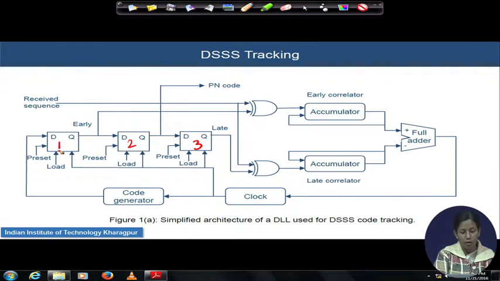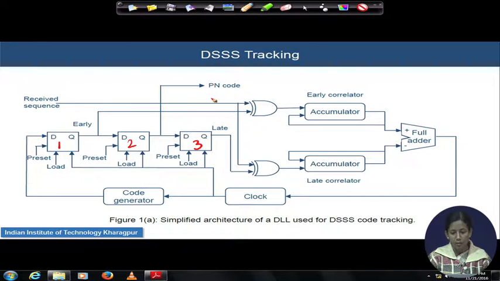Shift register stage 1 is called the early stage, and shift register stage 3 is called the late stage. So this is the early gate, this is the late gate, and the central part is the actual one, the mostly corrected one, having minimal phase misalignment with the incoming signal, and hence it is always used for the despreading purpose.